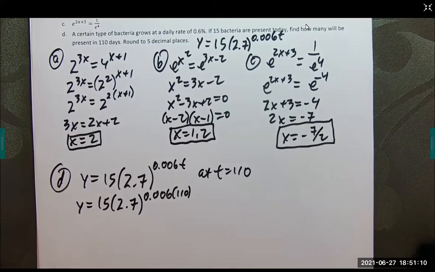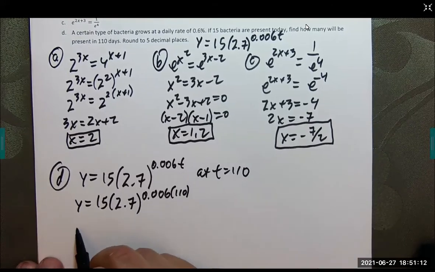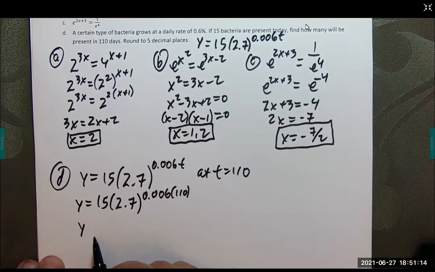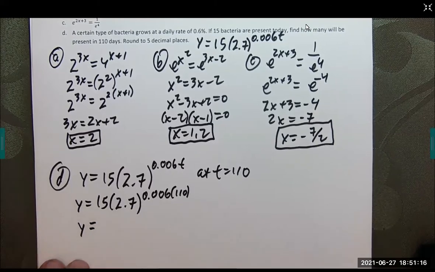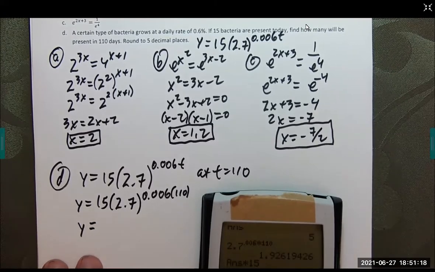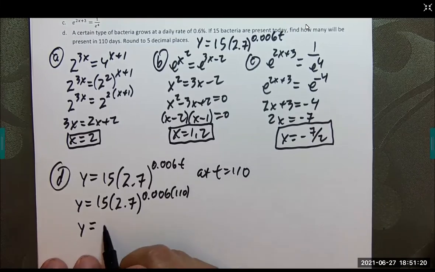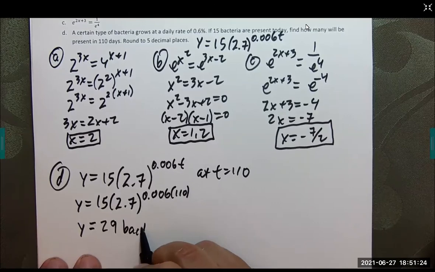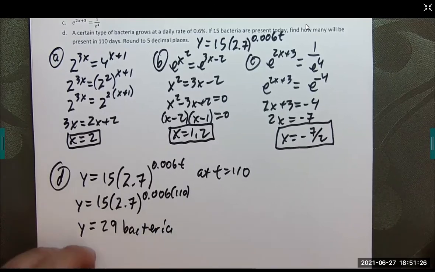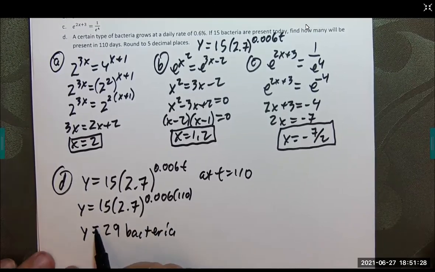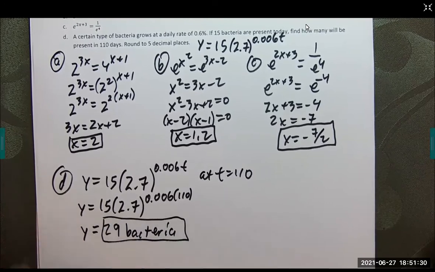So y is going to be 28.89. So we'll say 29 bacteria. Right. So it's new, it's weird, I get it, but it's manageable.